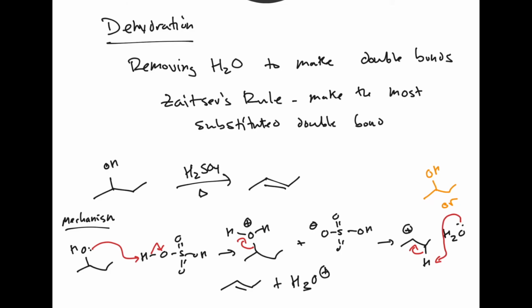So you can use water or you can use that alcohol that you started with. Either one can use its lone pairs to remove the proton to make the double bond. That makes sense?